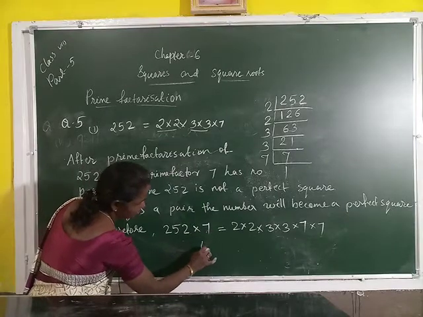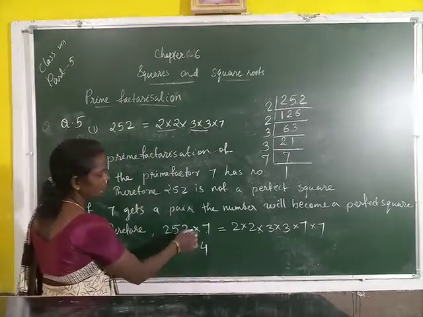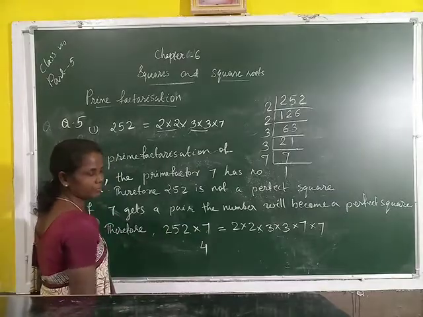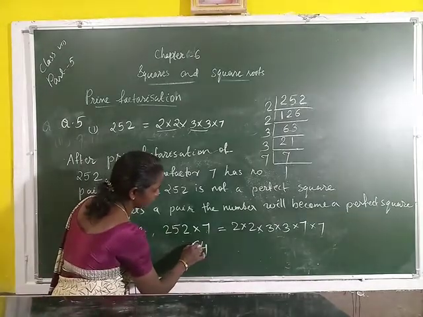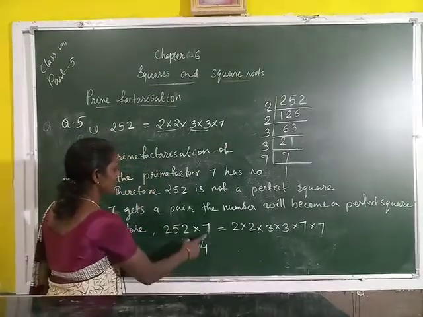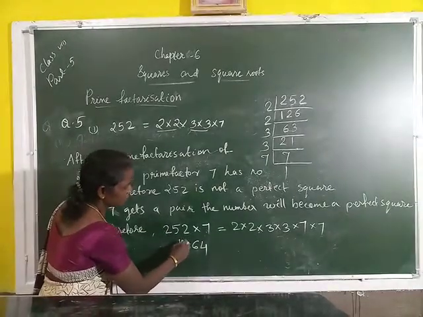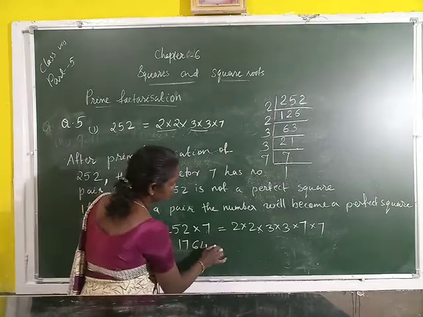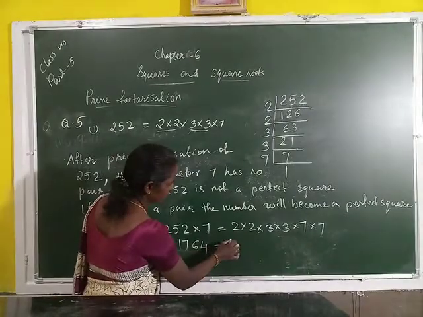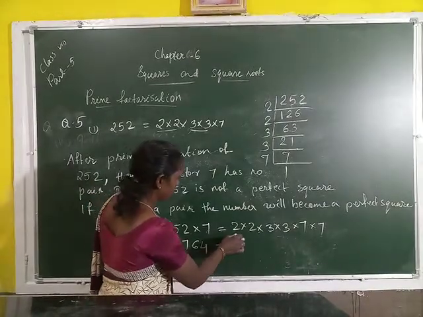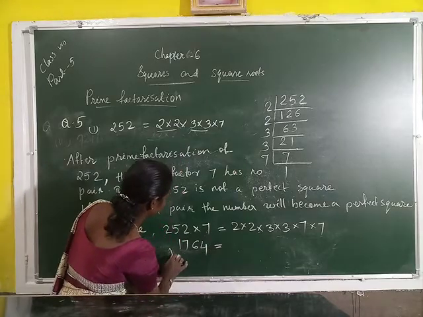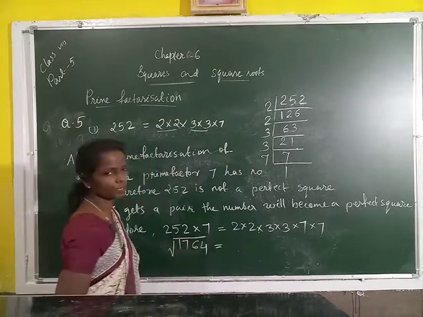7 2s are 14, 7 5s are 35, 35 plus 1, 36, carry 3, 7 2s are 14, 14 plus 3, 17. So the number is 1764.